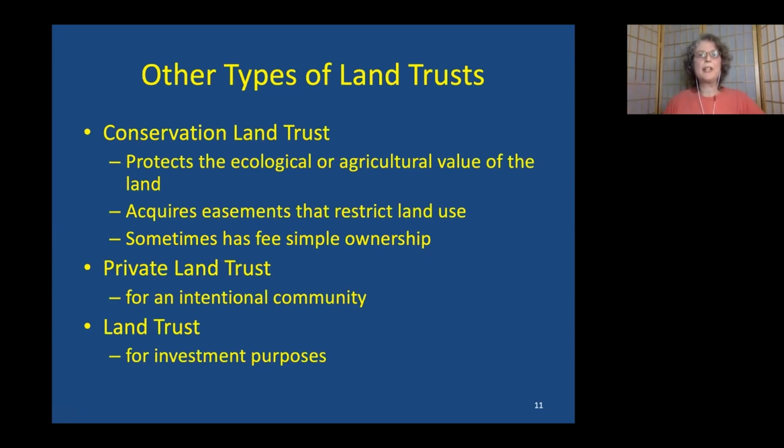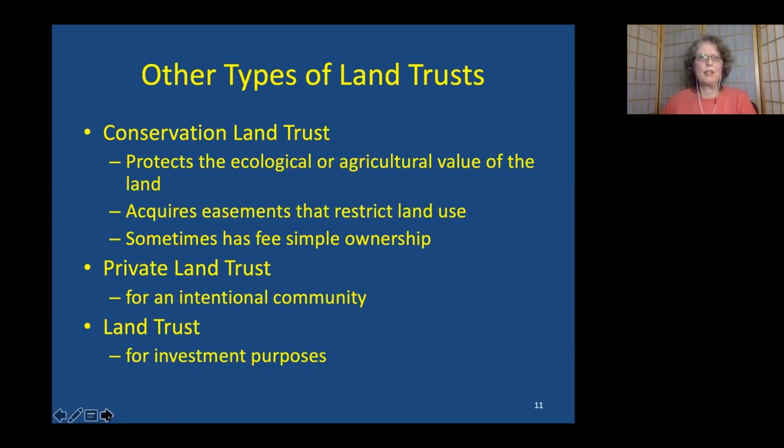So we refer to that as a private land trust, and they're essentially collective owners, but also they'd be considered private landowners as well. And then there's also a legal term of land trust, which is a type of land trust that's created for investment purposes.